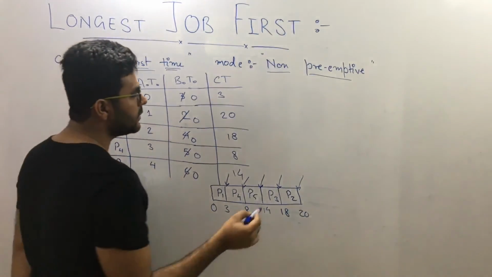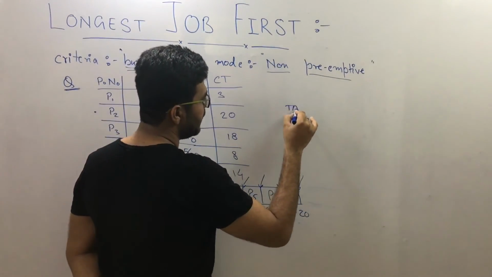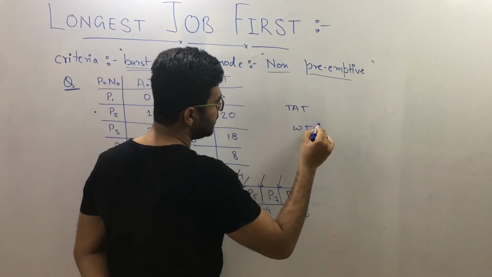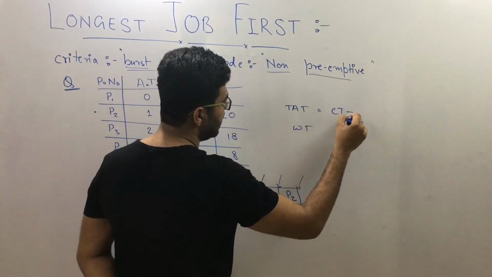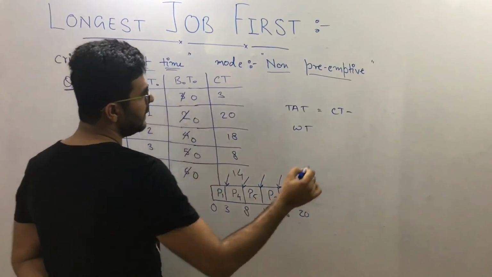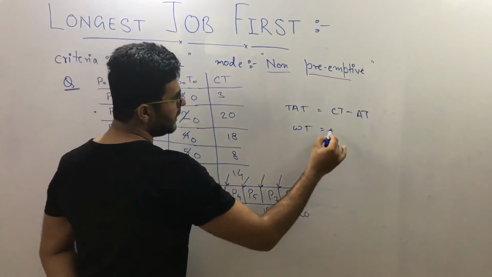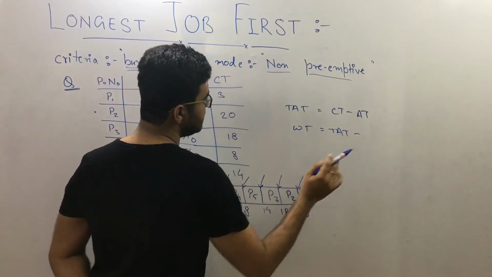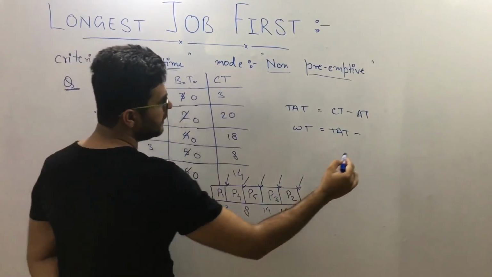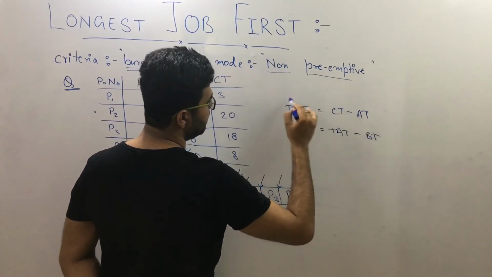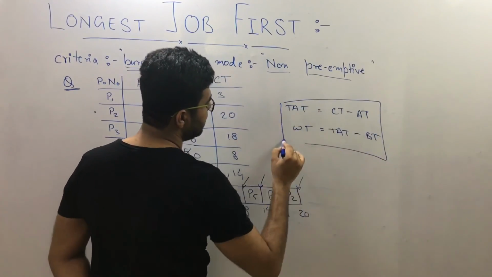And in this question you can also calculate the turnaround time and waiting time. The formula for turnaround time will be completion time minus arrival time, and the formula for waiting time will be turnaround time minus burst time. So you can calculate that stuff.